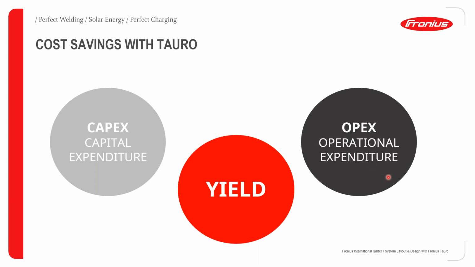Again, with the OPEX as well, with the Tauro and its service concept, if something does have to go wrong with the Tauro, you can always do servicing on site. That is a very big point for the Tauro, and not many other manufacturers offer that capability of on-site servicing for your commercial inverter range.